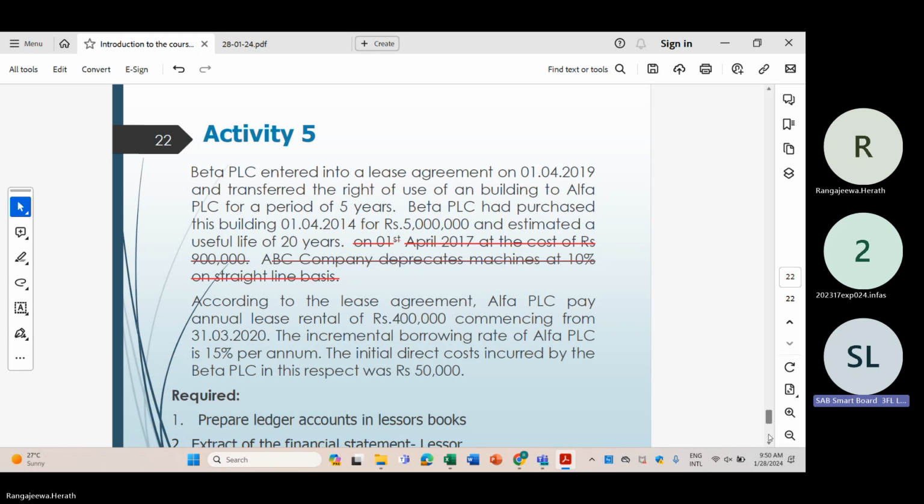According to the lease agreement, Alpha pays annual lease rental of 400,000, commencing from 31st March 2020. The incremental borrowing rate of Alpha is 15% per annum. The initial direct cost incurred by Beta is 50,000.